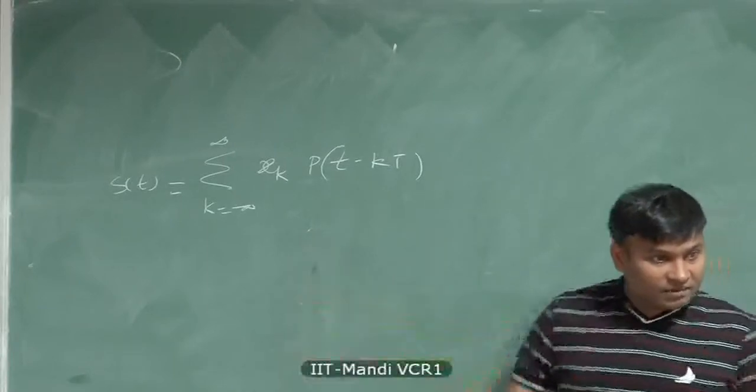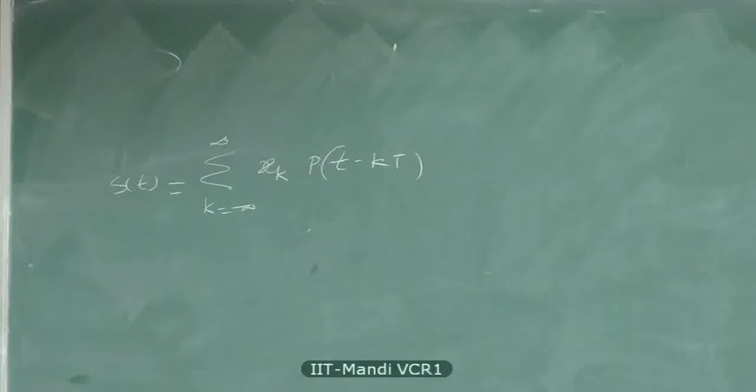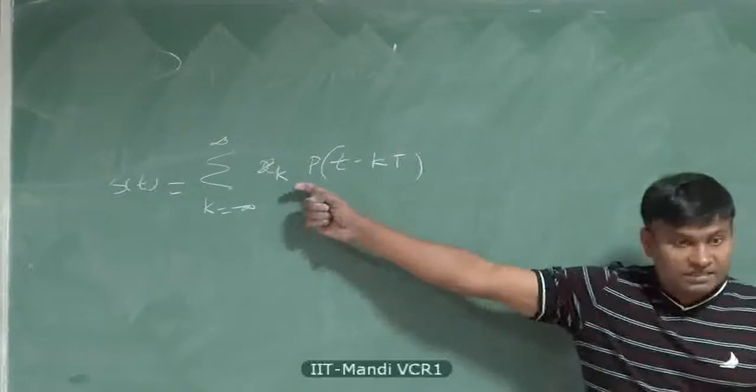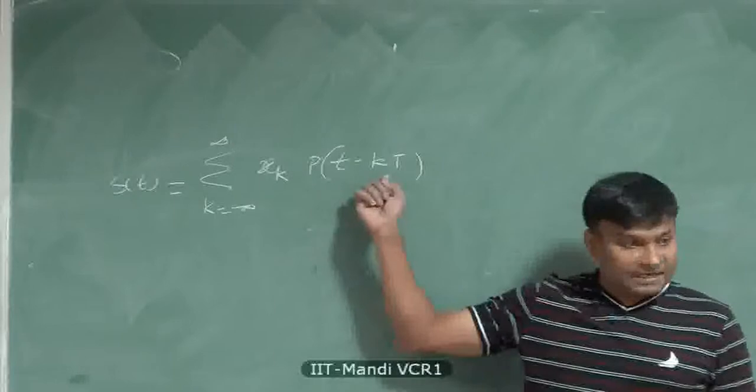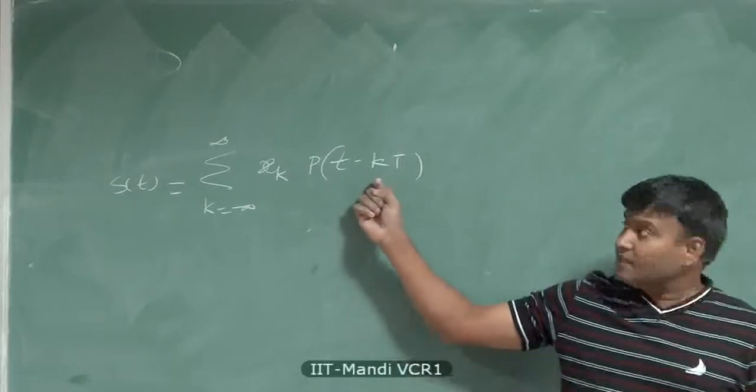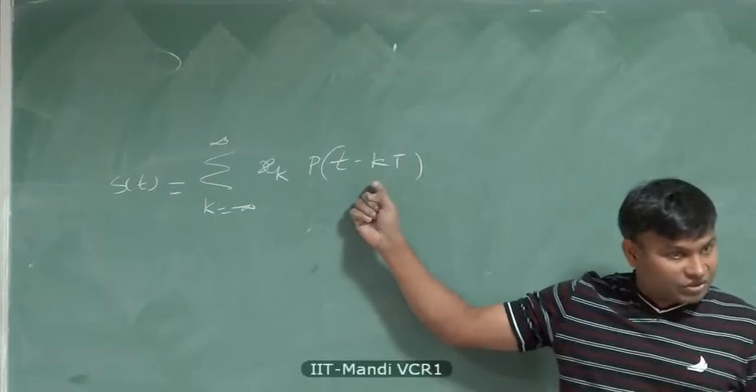Have you seen this kind of representation? X_k is a modulation sequence, and p is a pulse that carries this modulation sequence. You need a pulse to carry the modulation sequence, right? You can't transmit the X_k's as they are. You need a waveform to carry it. And the waveform could be rectangular, which you understand, right?